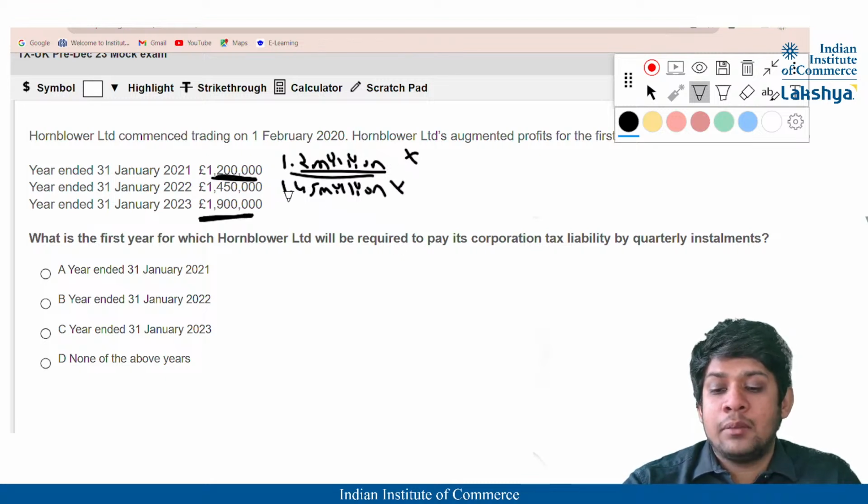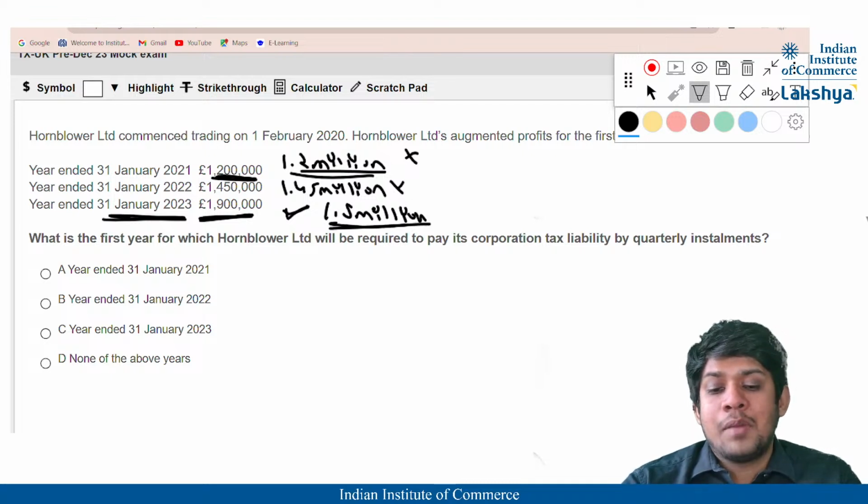Here it is 1.9 million during the year ended 31st January 2023. So here her augmented profits are exceeding 1.5 million. But she will be classified as a large company if in the previous year also it has exceeded, and it has not exceeded in the previous year. So technically at the year ended 31st January 2023, she is not going to be classified as a large company even though she has exceeded the threshold.